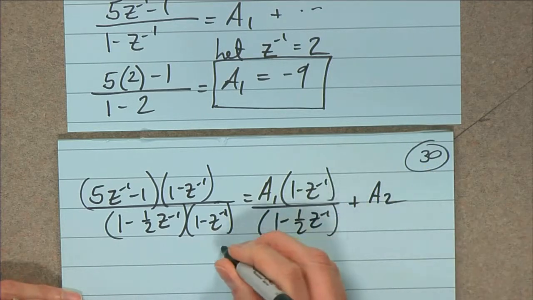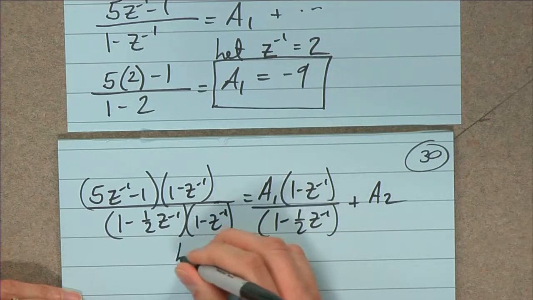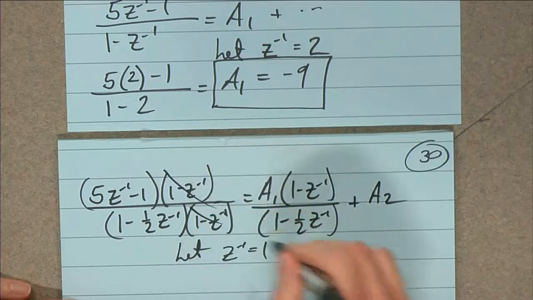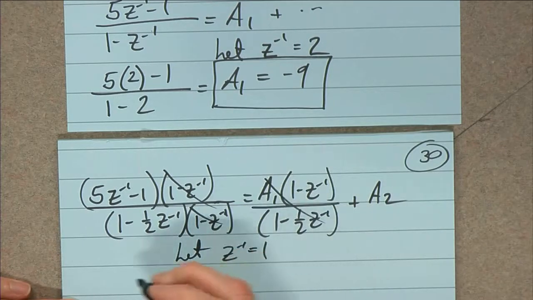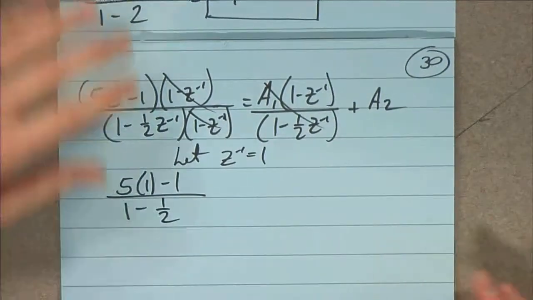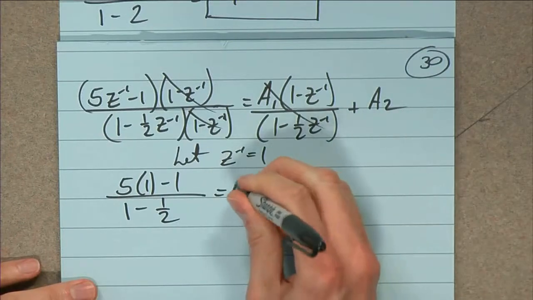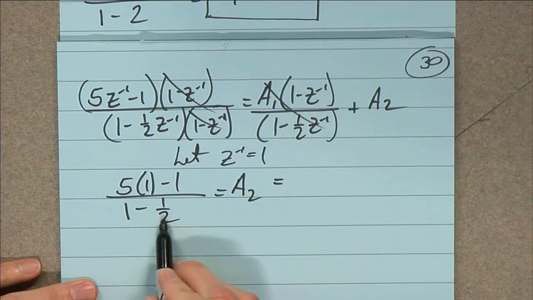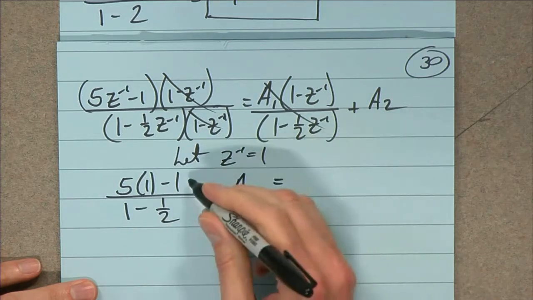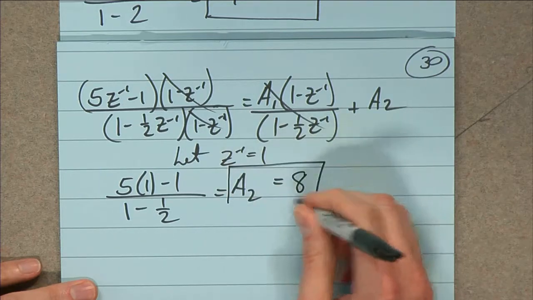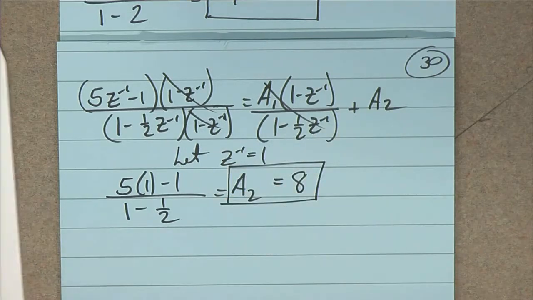And to kill all these terms, we'll let z inverse equal 1. So start slashing and burning things, and we end up with 5 times 1 minus 1, over 1 minus 1/2, equals A2. So let's see if I can do this arithmetic. 5 minus 1 is 4. 1 minus 1/2 is 1/2. So 4 over 1/2 is 4 times 2, which is 8.